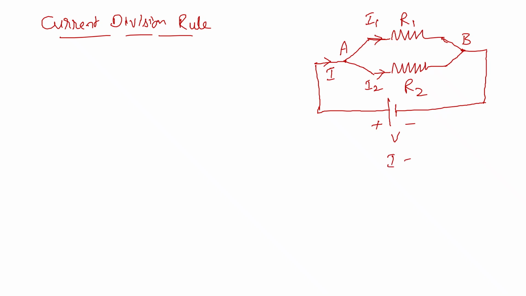So I will be equal to I1 plus I2, and as the elements are connected in parallel, the equivalent resistance is given by Rp equal to R1 R2 divided by R1 plus R2.